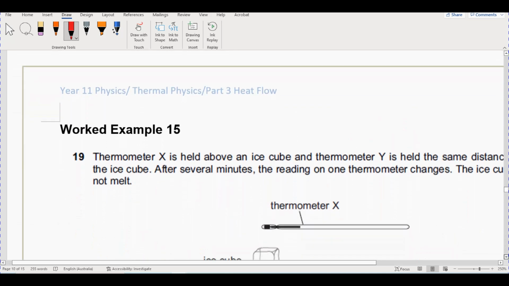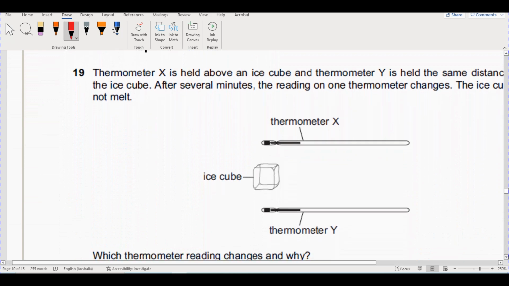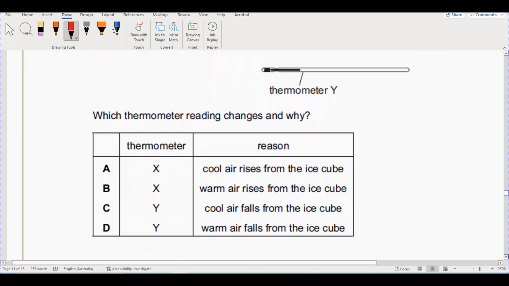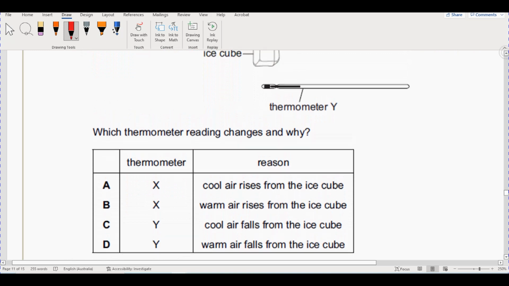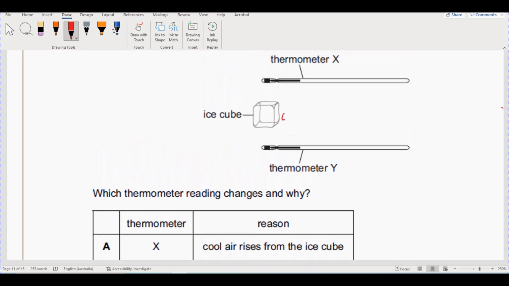So there are lots of questions right here. This one is just similar to the one we did before. So you have a thermometer above, a thermometer below, and which thermometer reading changes. Because the ice cube right here is colder, anything anywhere else is warmer.